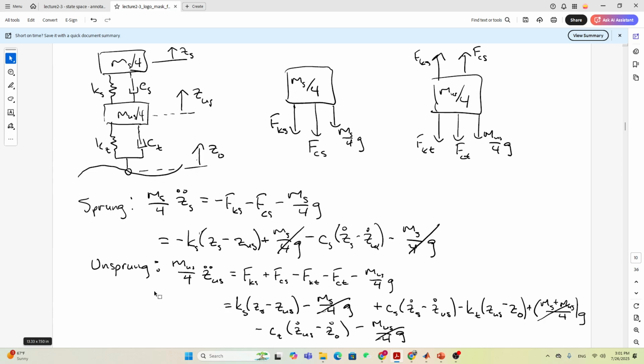And then for the unsprung mass, we follow the same approach, right? You have the force applied by the sprung mass, which is Fks plus Fcs. Then you also have the force applied by the bottom spring and damping. And the last one, the mass itself has the gravity force.